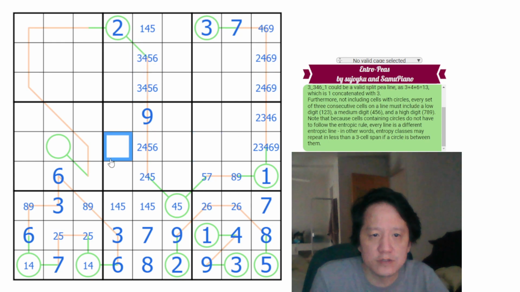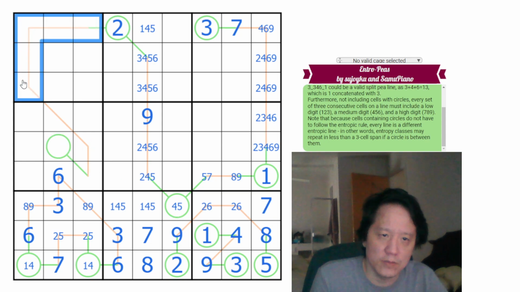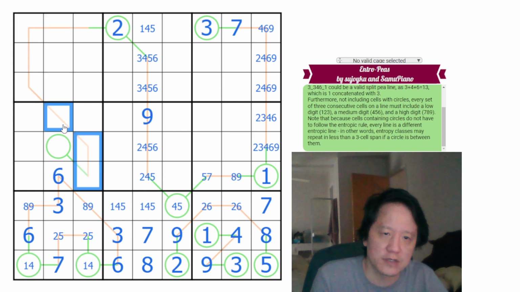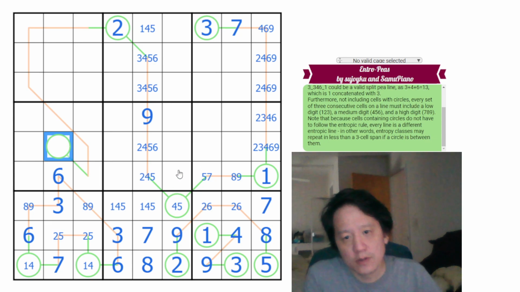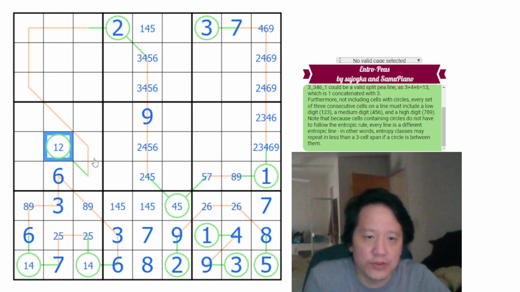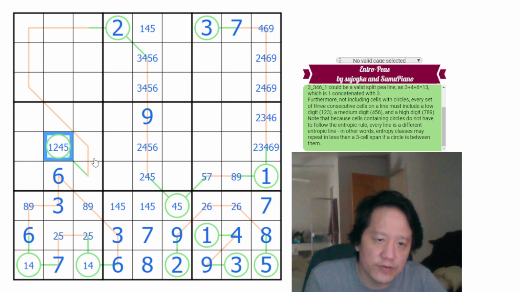We know the 3's here. This is a 2. So the 3 is here. This could be at minimum 15, and this could be at minimum 6. So this could be 1. Could be 1, 2, no 3, 4, 5, no 6, 7, 8, or 9.